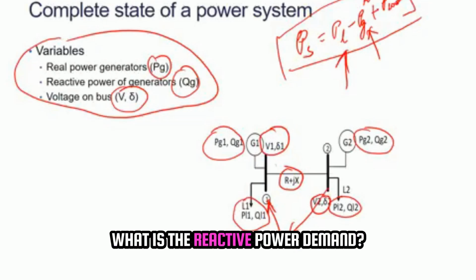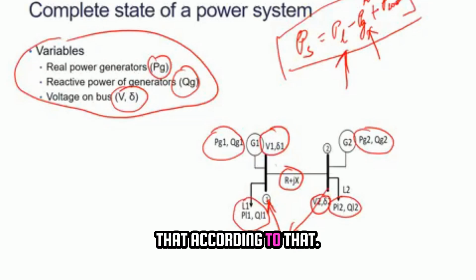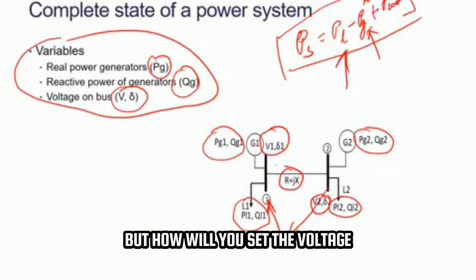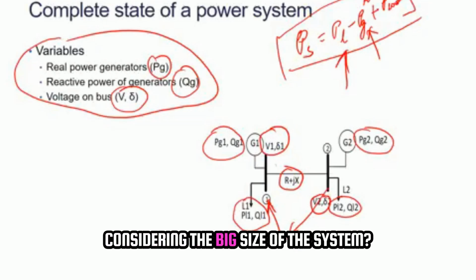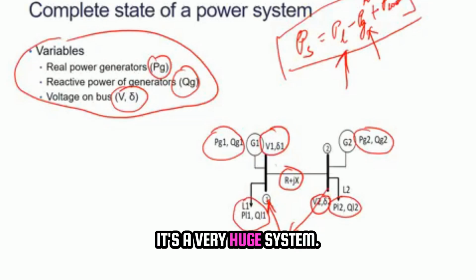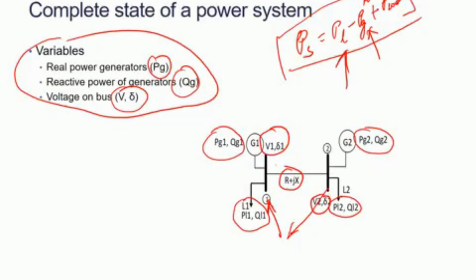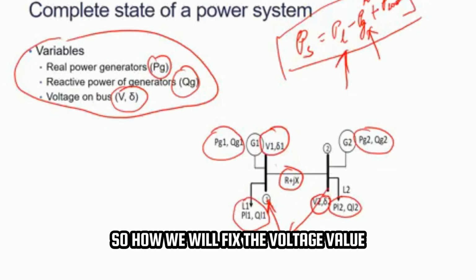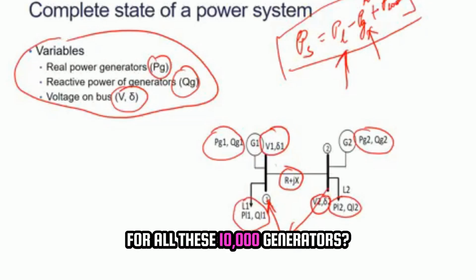No, but how will you set the voltage considering the big size of the system? Let's say we are talking about the Indian grid. It's a very huge system. There are more than 10,000 generators in the Indian grid. So how will we fix the voltage value for all these 10,000 generators?